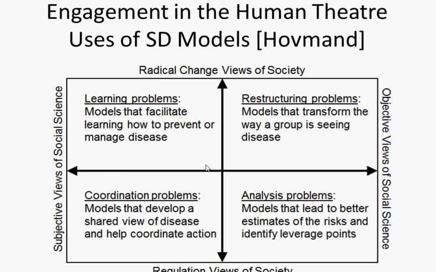Now, this may sound like an odd space to be asking about models, and there's a common understanding in some quarters that models need to fall in this quarter down here. They need to be about more incremental change and based on a very objective view of the system. But you'll actually find models all over this space. There are some models that focus on trying to help motivate coordination among different parties within a system.